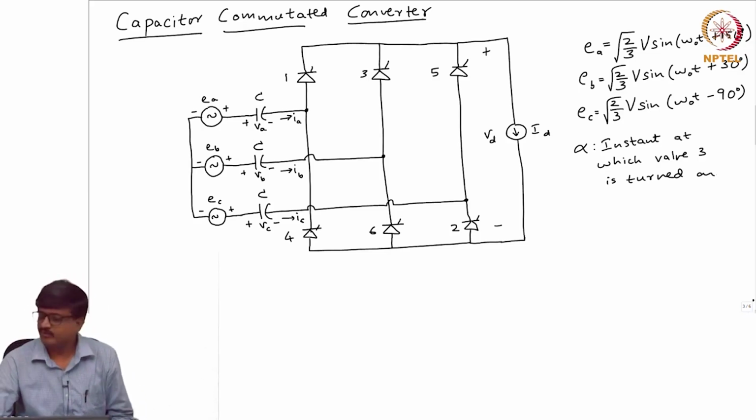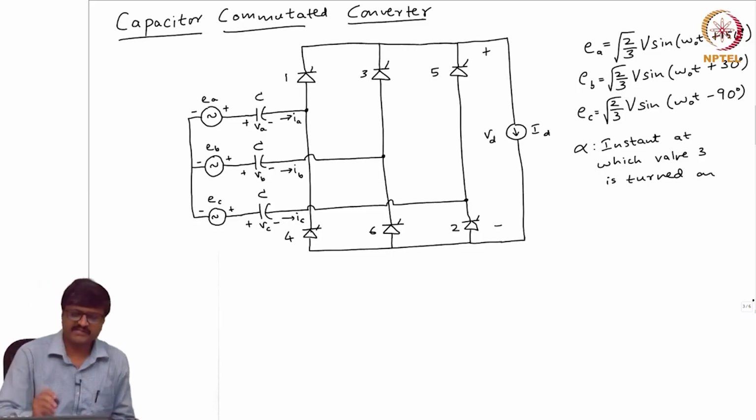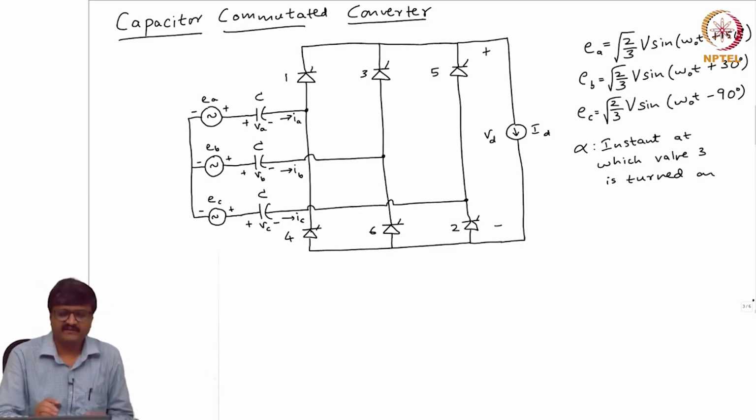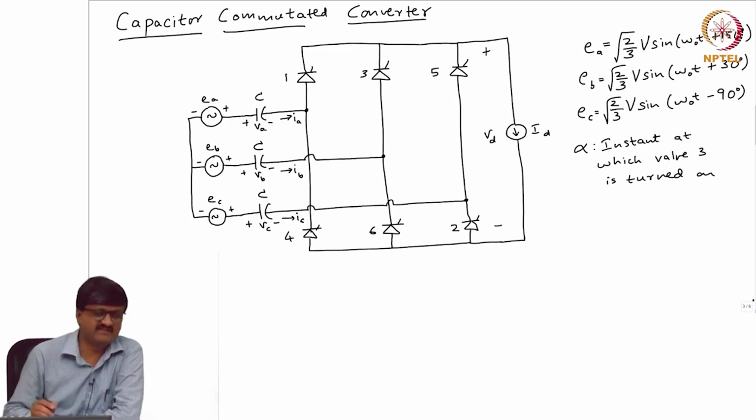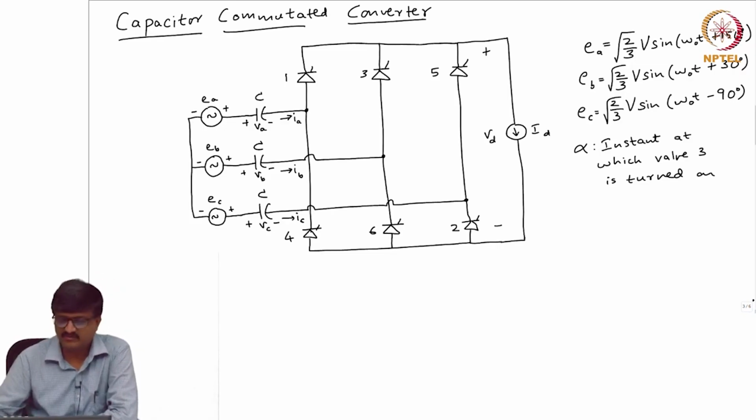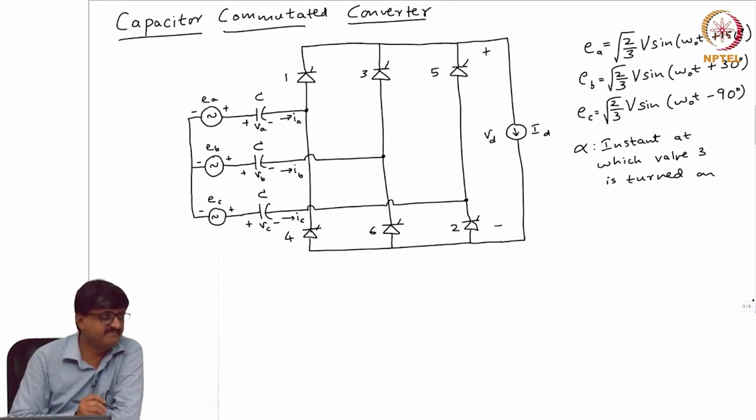So, let us try to plot the voltage across the capacitor in one of the phases, say B phase. Suppose I want the plot of VB.